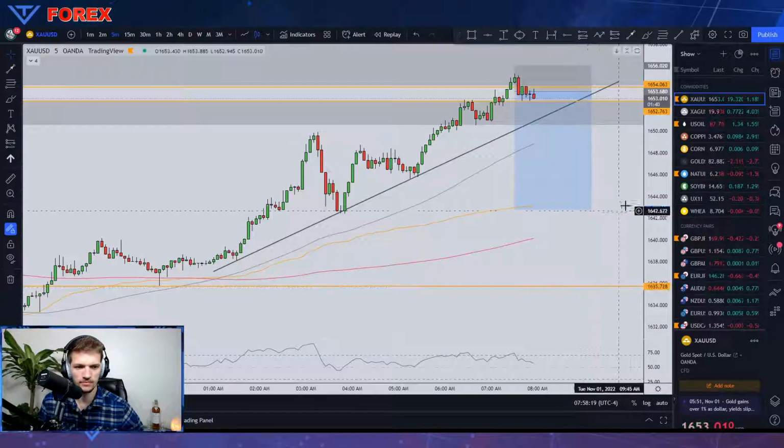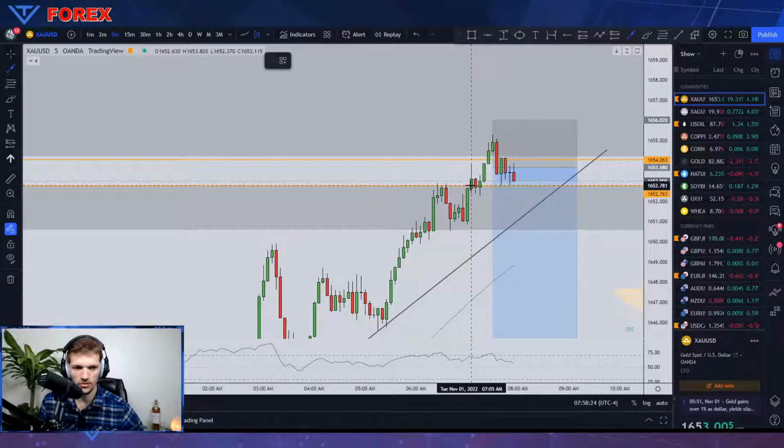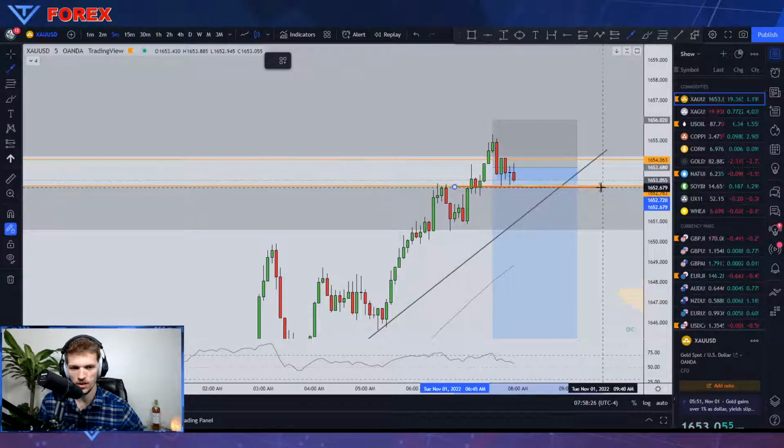Alrighty. I really need to see gold close below 1652.8. This whole area here.